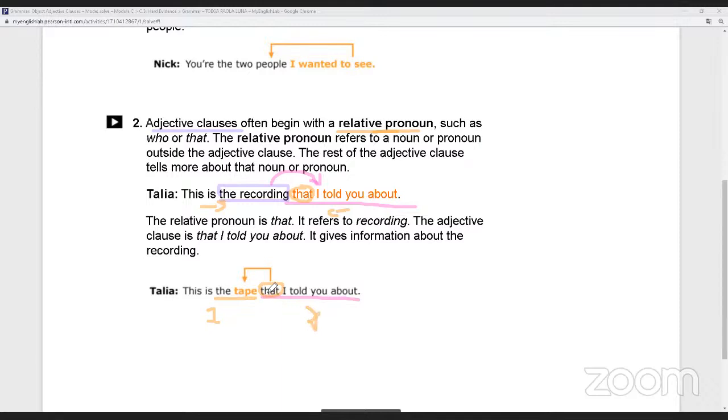And what else can we say about this sentence? I feel as if I'm forgetting something, but yes, the tape I told you about. And then we have more information about the tape, but everything is about your object, okay? So that will be everything about point number 2.